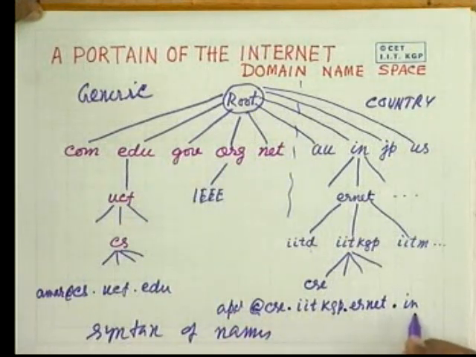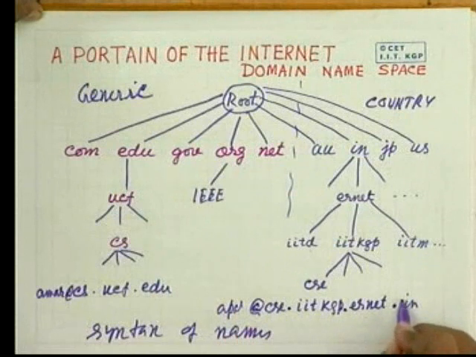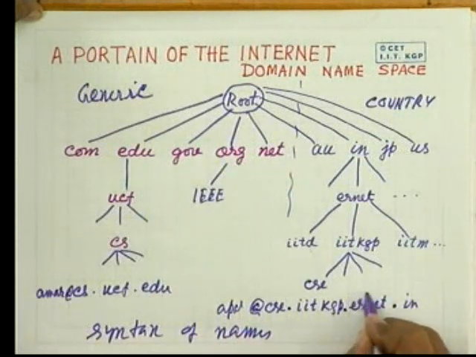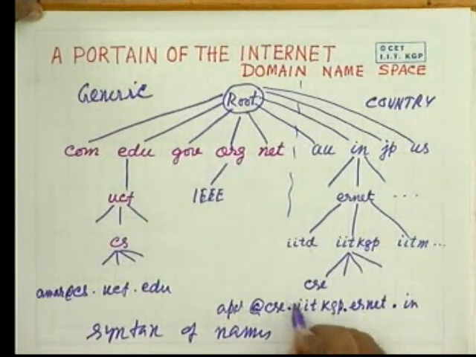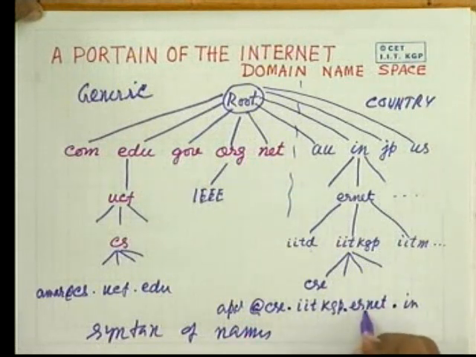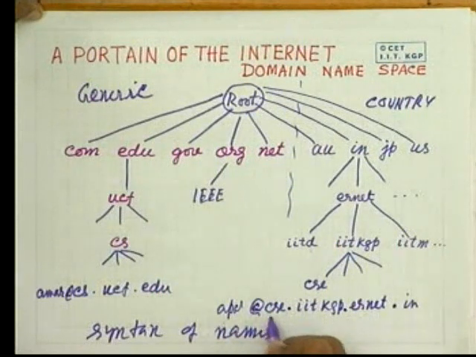For example, from this name I know that this is in India, and this is under EarNet, and IIT KGP is under EarNet, and CSE is under IIT KGP, and APAL is a user of the CSE system. So this name gives you the idea where the name belongs, where it is located, and it helps with routing.